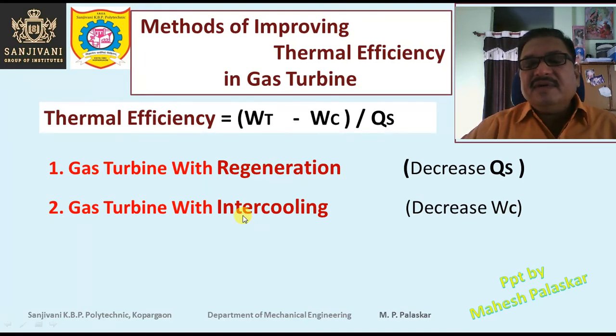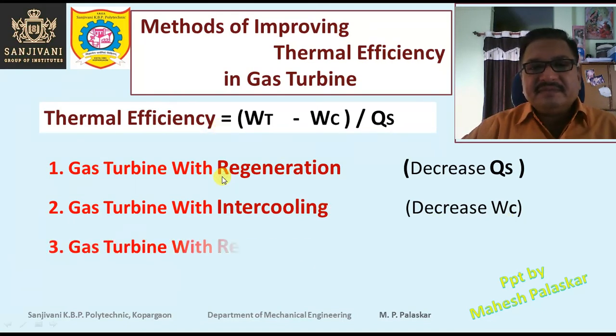We are compressing the working substance twice in two stages. And in between these two stages, we are cooling the working substance, that is called intercooling. So due to that, the work supplied to the compressor will be decreased, and that will also increase the thermal efficiency.